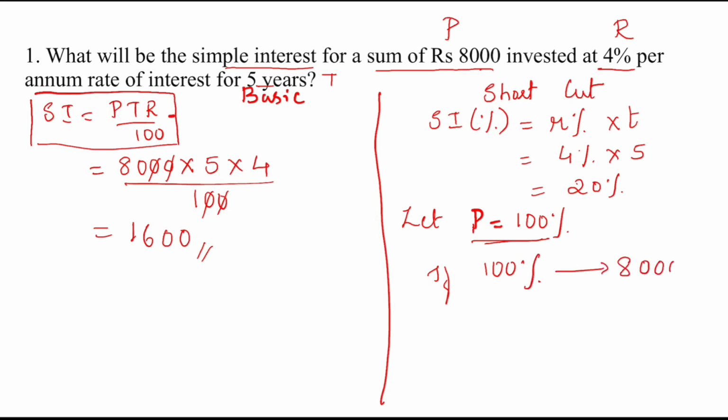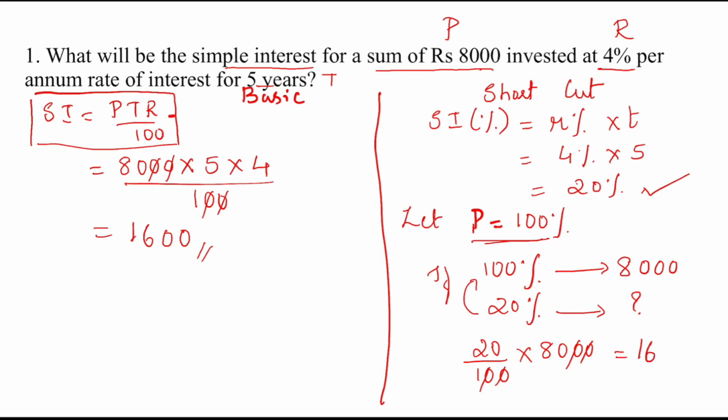If 100% is 8,000, then 20% is how much? Okay, so 20 by 100 into 8,000. So 0000 cancels, 2 8s are 16 and 00. So 1600 is the simple interest.